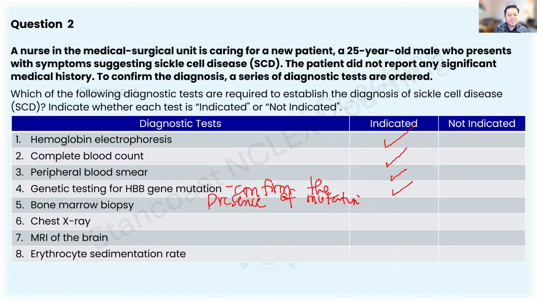Again, guys, this is a patient that did not report any significant medical history. Maybe he's just not well versed with the medical history, but a 25-year-old, that's kind of odd. Maybe he's just denying any history, maybe not giving full disclosure, and that's why we need to test this person because he's not telling us anything. And so the genetic testing will be useful.